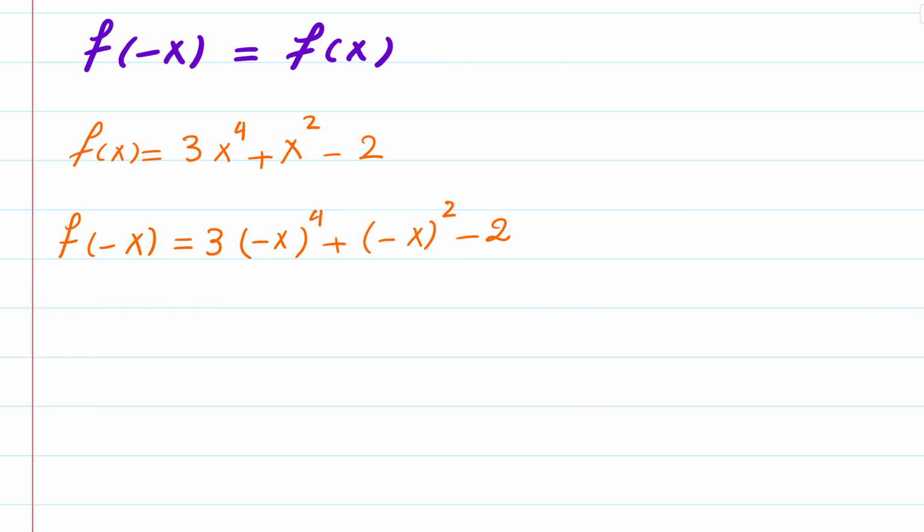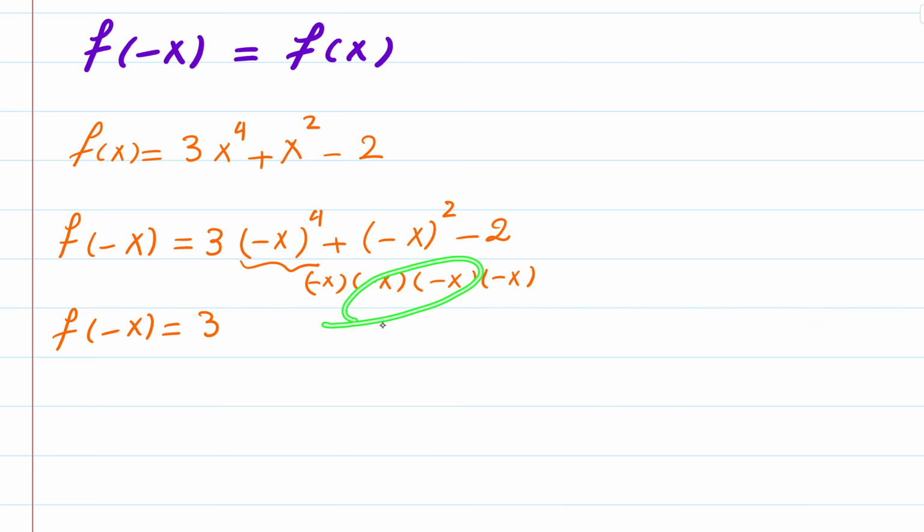Now we have f of negative x equals 3 times negative x to the power 4, which equals negative x times negative x times negative x times negative x. Negative times negative is positive.